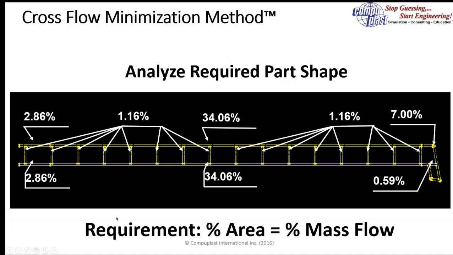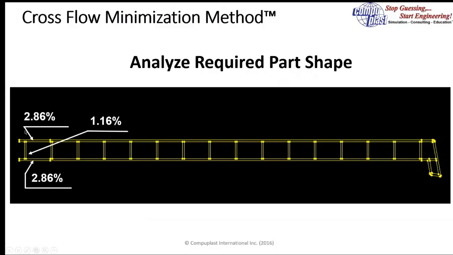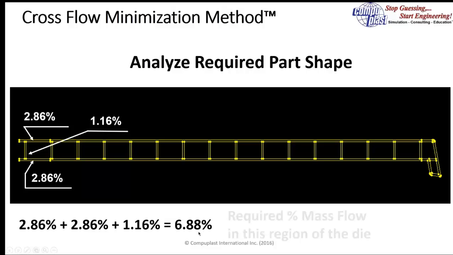To explain this a little bit further, if we consider this region near the edge of the die, we have a wall that represents 2.86% of the total flow, a vertical channel that represents 1.16% of the total flow, and a horizontal section that represents 2.86% of the total area of that part, which means that the amount of flow we need to deliver there is 6.88%, but not just at the exit.